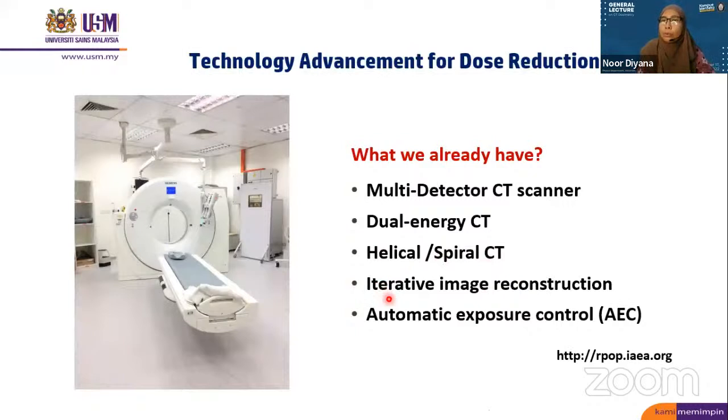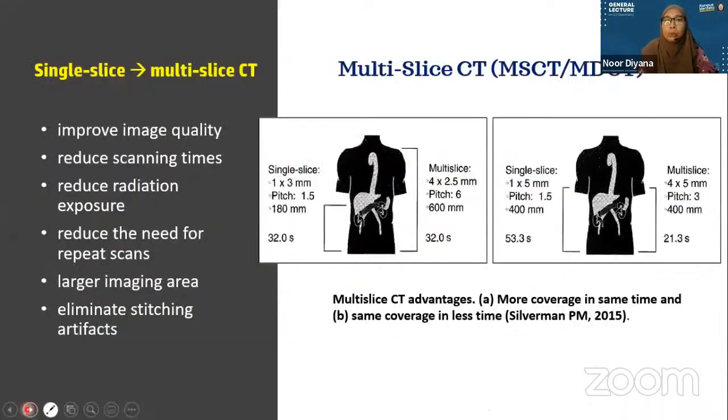And then instead of conventional FBP, now they are introducing iterative image reconstruction. Nowadays, they are moving to deep learning reconstruction, which can also reduce dose. And then automatic exposure control is also one of the techniques to reduce the dose.